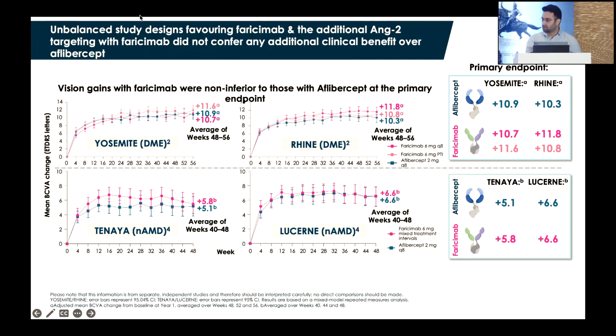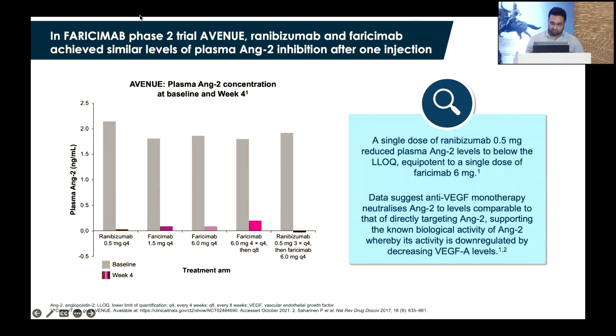So basically, the trials that have supported faricimab, more or less at the end point, 56 week or 46 week, the letter gain was almost similar. Now, in faricimab phase 2 trials, ranibizumab and faricimab achieved similar levels of plasma Ang2 with just one injection.